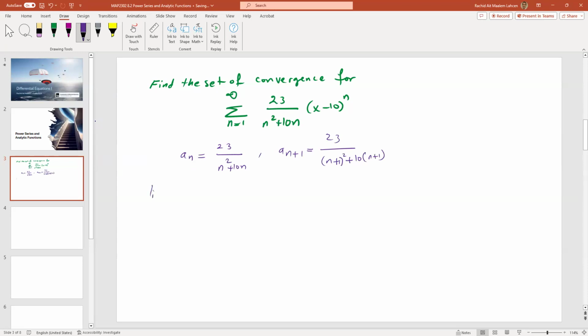So we can do the limit for the ratio as n tends to infinity. This is not too much to do because you're going to do the first fraction, and the reciprocal of the second one. So you're going to end up with this here and the other one here.